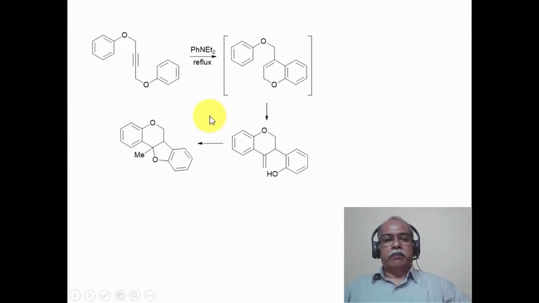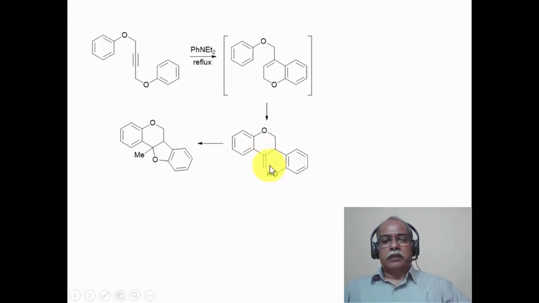Suppose we take the bis phenyl propargyl derivative of this kind, when it is heated in diethyl aniline as the solvent, which is a high boiling solvent, the chromene derivative is initially formed. The chromene derivative is further set up for a 3,3 sigmatropic rearrangement in this particular instance. This is essentially undergoing a 3,3 sigmatropic rearrangement to give this particular product.